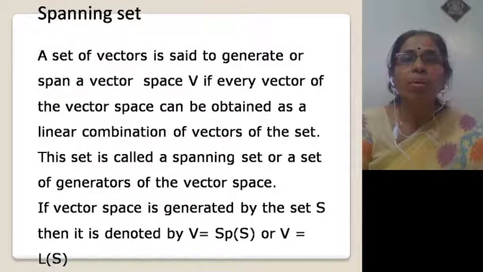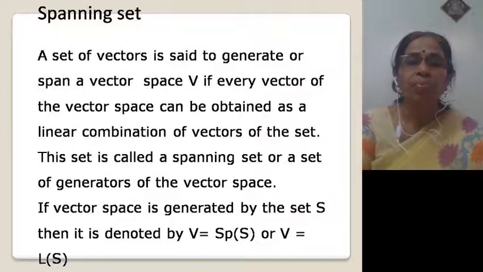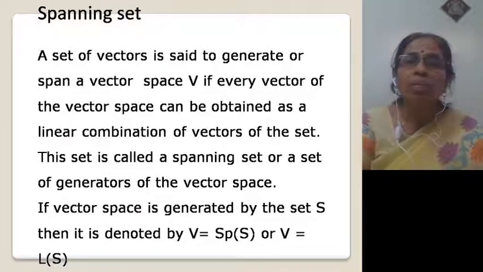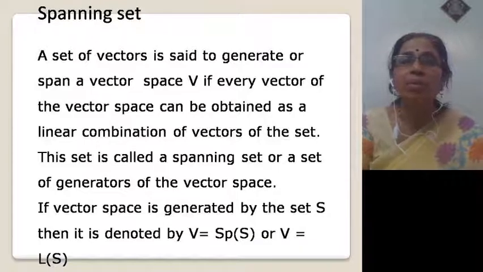Now we have to define the spanning set. It is very important in our vector space theory. A set of vectors is said to generate or span a vector space V if every vector of the vector space can be obtained as a linear combination of vectors of the set.